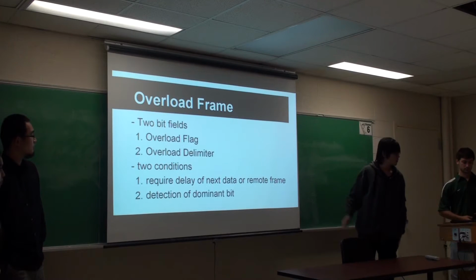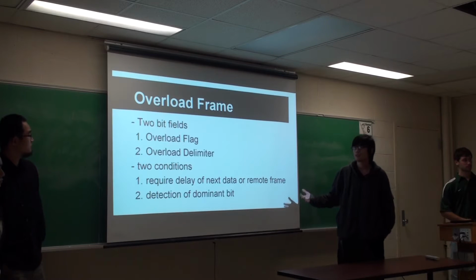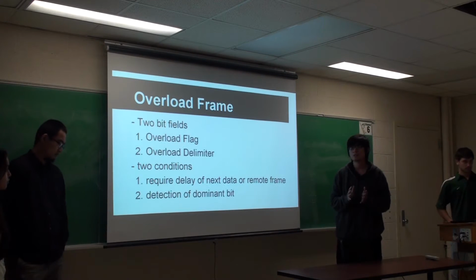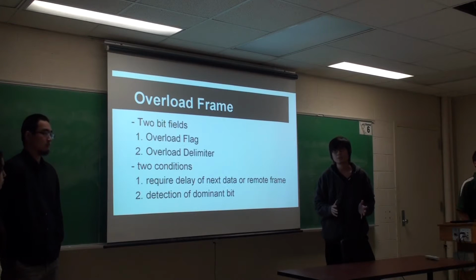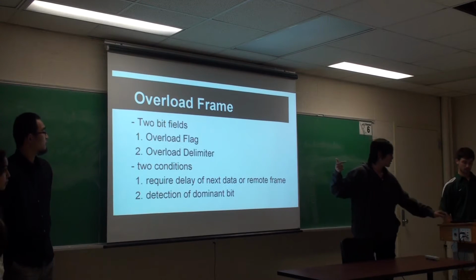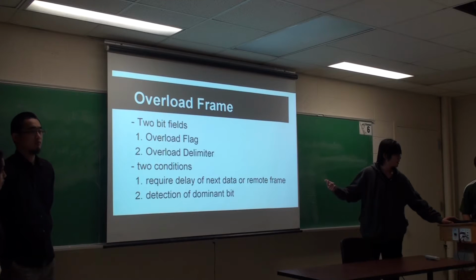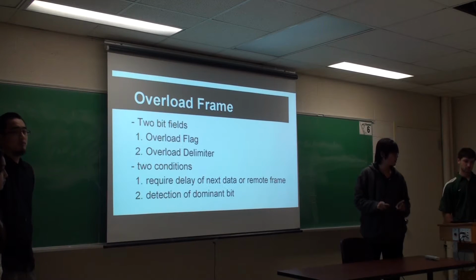And the last one is the overload frame. The overload frame is used when transmitting data from one node to another. We need to add a delay between the remote frame and the data frame to make sure they work well with no collision between them.